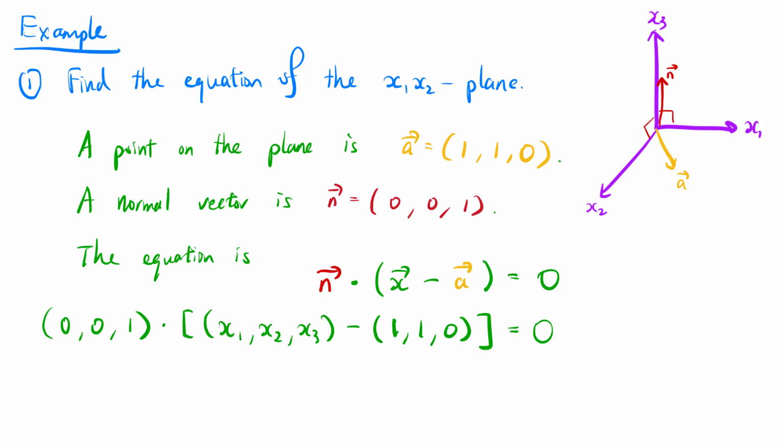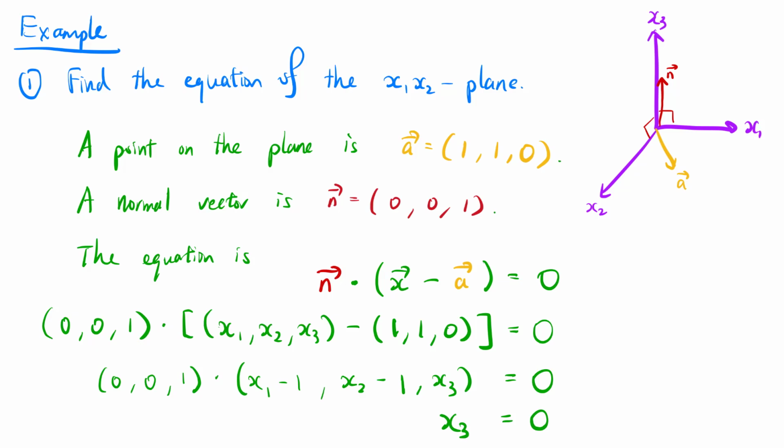That is 0, 0, 1 dot (x1, x2, x3 minus 1, 1, 0) equals 0. We can further simplify the left-hand side to be 0, 0, 1 dot x1 minus 1, x2 minus 1, x3. The dot product simplifies to x3, so the equation of the x1, x2 plane is simply x3 equals 0.